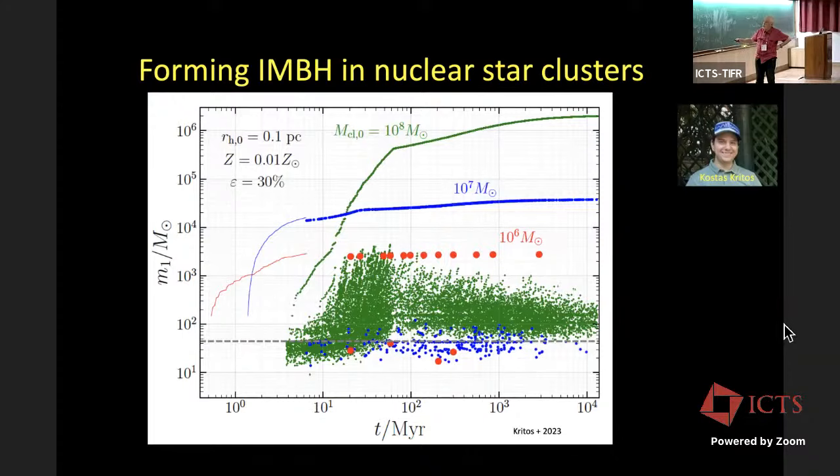This represents the properties of this massive one. These are the individual black holes, and this is the massive black hole. So this cluster has a black hole in the center, in this case of 1 million or a few million solar masses, and lots of smaller ones. Similarly for the other colors there.